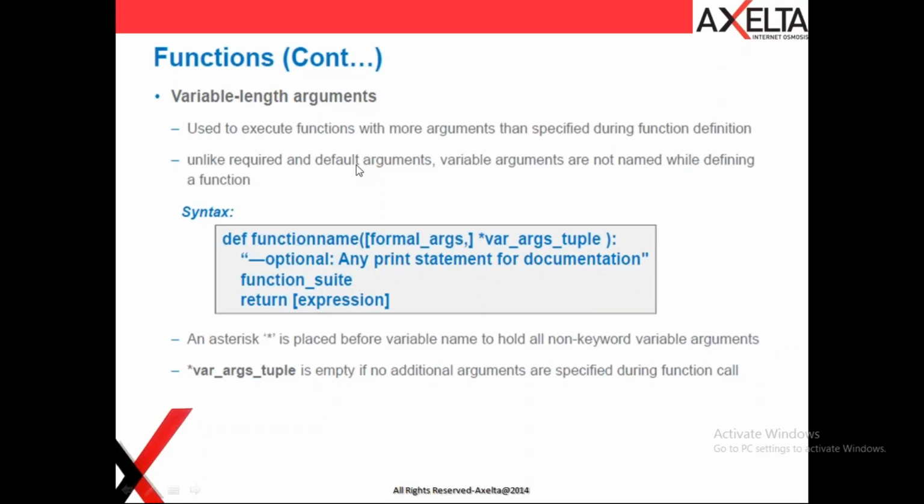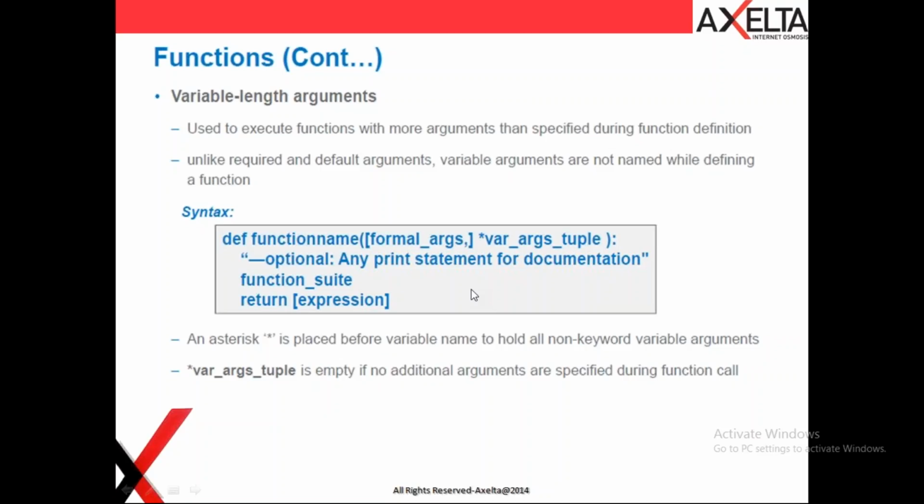You don't know how many arguments you want. In such cases, we go for variable length arguments. Here you can directly put a star. It indicates you don't know how many arguments you want to have in your function. Is it clear?